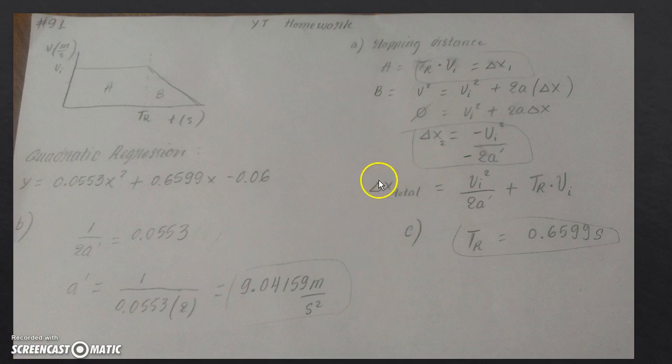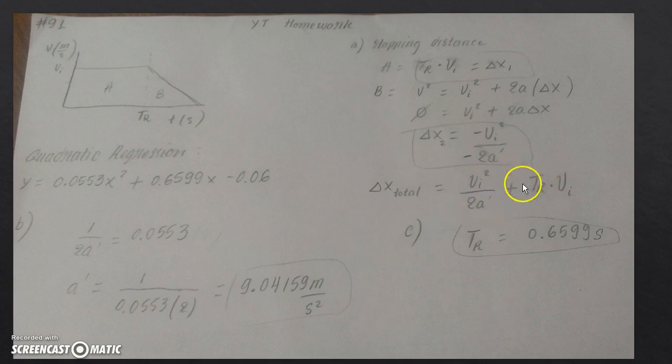After that, your delta x total, your total displacement or stopping distance, would be the stopping distance for part A and the stopping distance for part B. So that would be your delta x total.